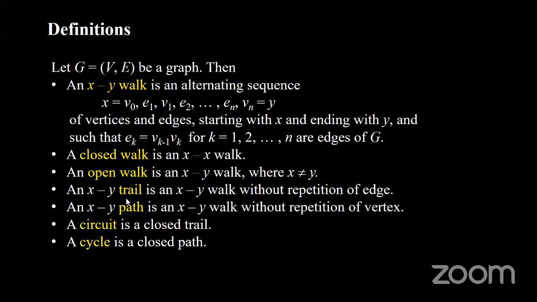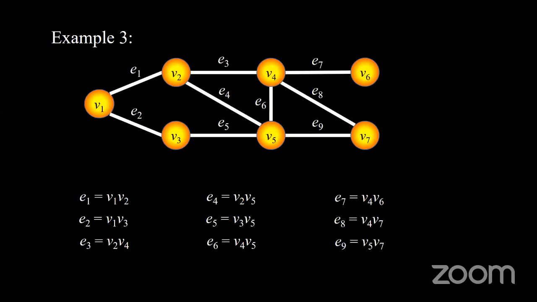Now a trail, if there's no edge repeated, and a path if there's no vertex repeated, so they are both open. Circuit and cycle, they are both closed, but circuit has no edge repeated, and cycle has no vertex repeated. Now look at this example. Can you name a path? Just give me an example of a path.